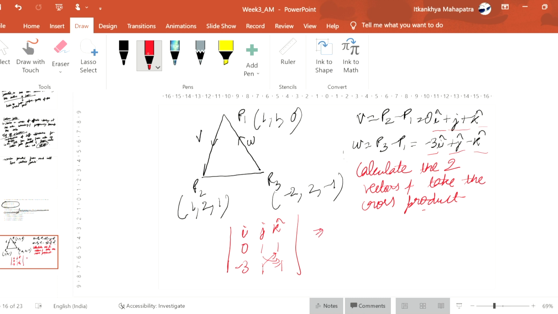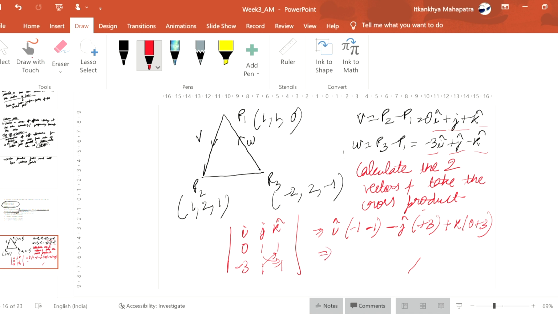This will become i cap times (1 times -1 minus 1 times 1), which is -2, then minus j cap, and then plus k cap.